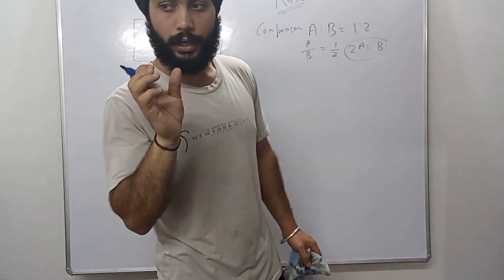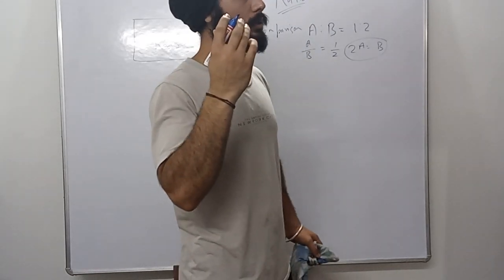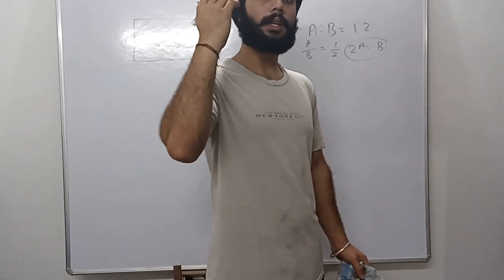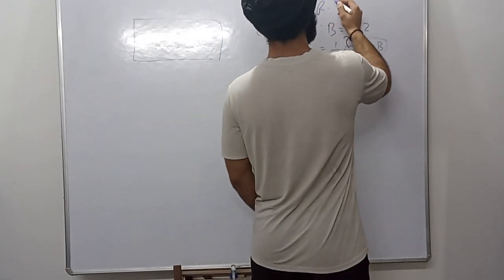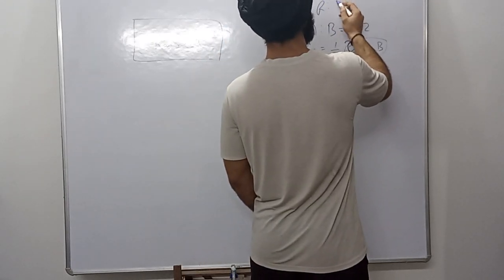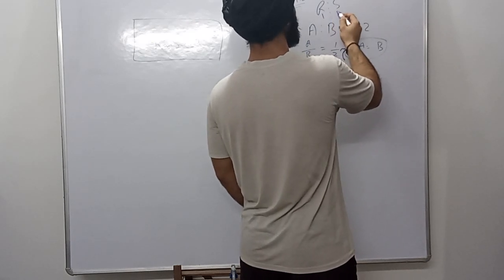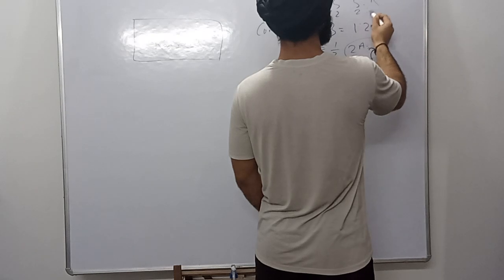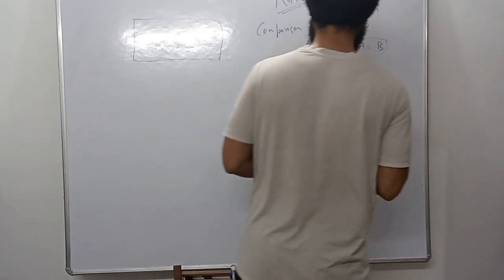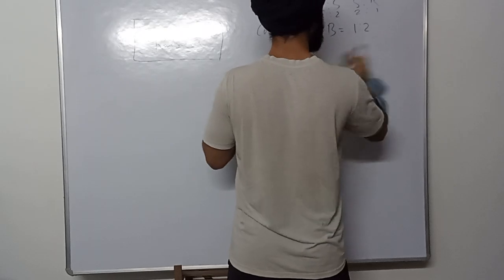So the person whose name comes first will start the ratio. If it's Ravi ratio Sukhpreet, it's 1 ratio 2, and Sukhpreet ratio Ravi is 2 ratio 1.